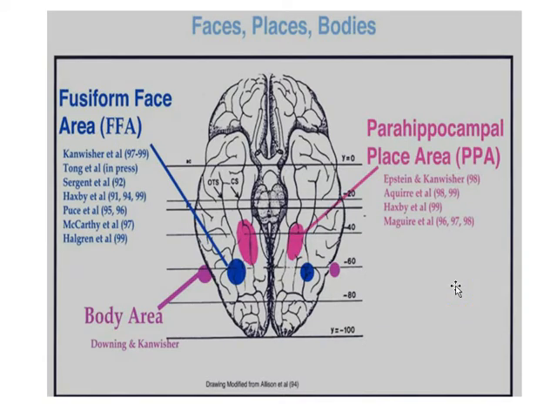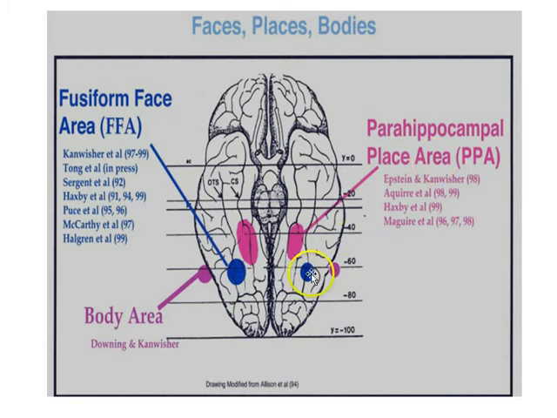Now, what's the evidence that some of the same areas used in perception are also used in imagery? Well, take a look at the bottom surface of the brain here, and you'll recall that we've studied a region on the bottom part of the temporal lobe called the fusiform face area. There are other regions of the cortex that seem to respond to bodies and to places, scenes, like outdoor scenes and things.